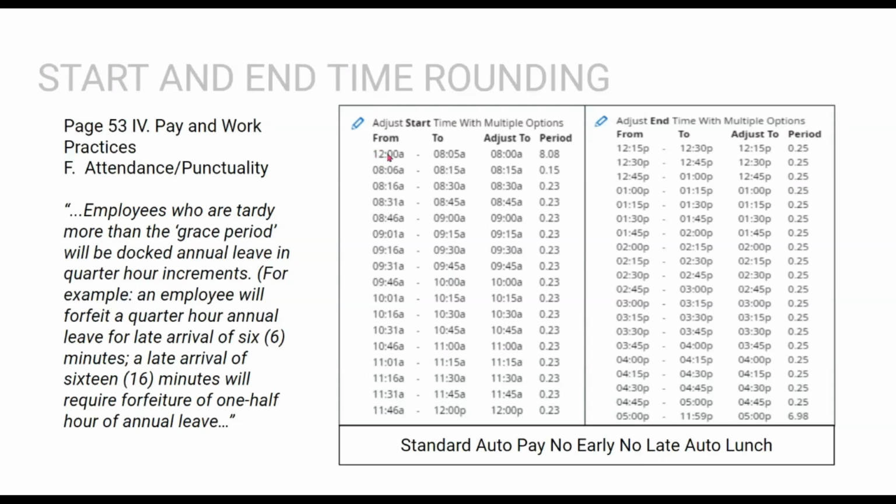And in that profile, it's set up how to adjust start time based on our punch-ins. So like for me, anytime I punch in before 8:05 a.m., so between midnight and 8:05, Workforce Go is automatically going to calculate that time as if it was punching in at 8 o'clock. And then this continues to go where if I punched in at 8:06, it's going to round that to 8:15 to match this policy from the personnel manual.